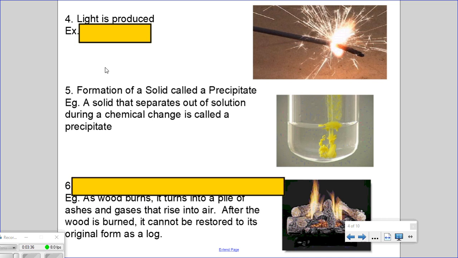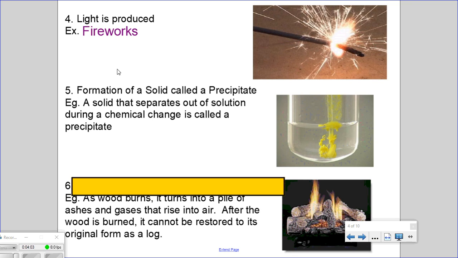The fourth sign that a chemical change has occurred is that light is produced. For example, fireworks. If two substances are mixed together and they start producing light, that is an indication of a chemical change. The other example is glow sticks. You have to break them and then shake them in order to produce that light.